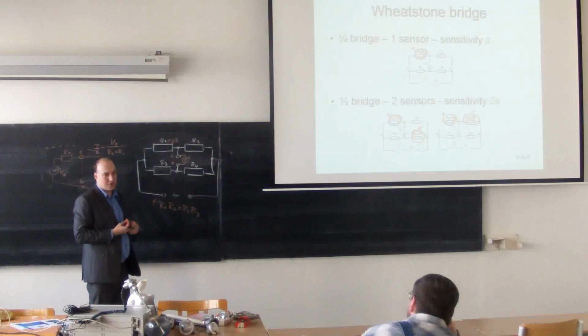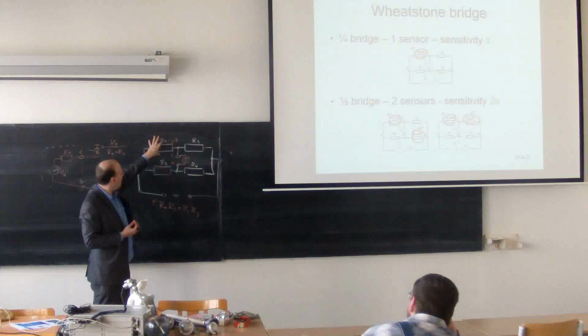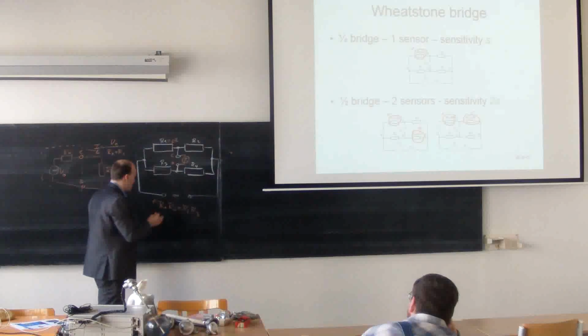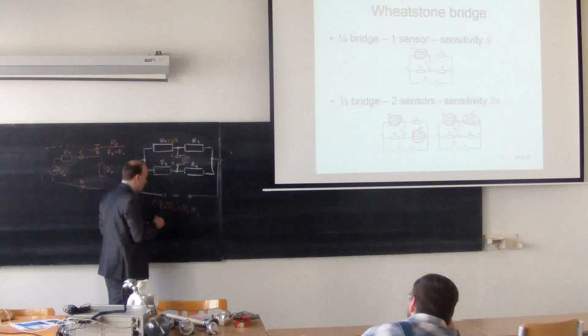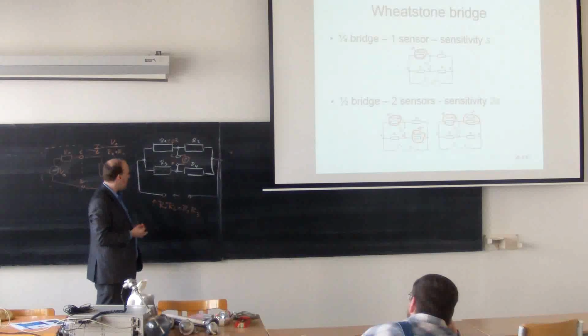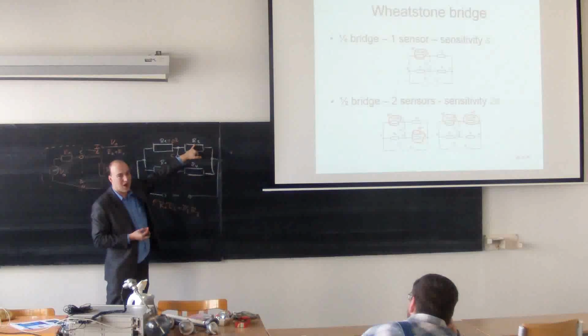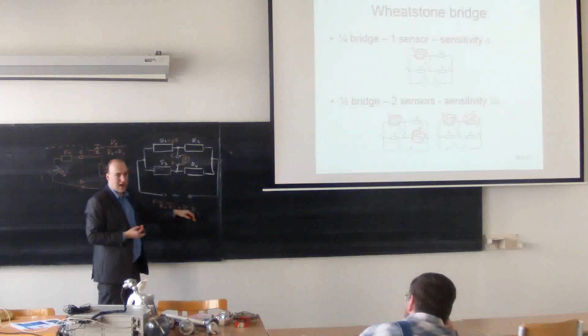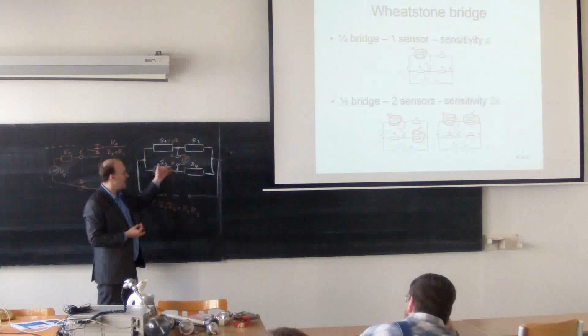Now I have 2 sensors. So I can have either R1 and R4. So I unbalance the bridge here and here. It will give me higher voltage in the output. Or I can unbalance the bridge with R2 and R3, which will again unbalance the bridge in the same way. I will measure the output.